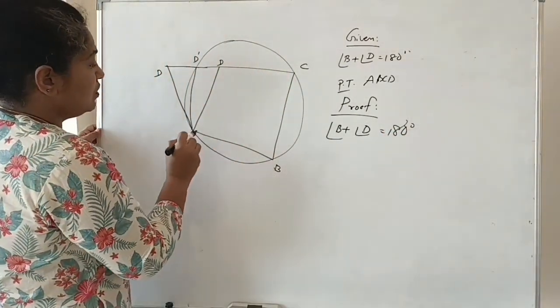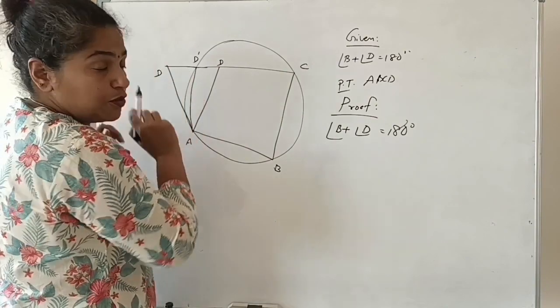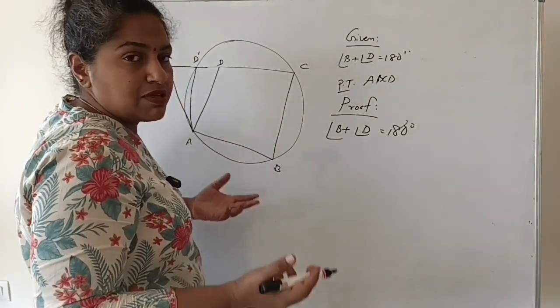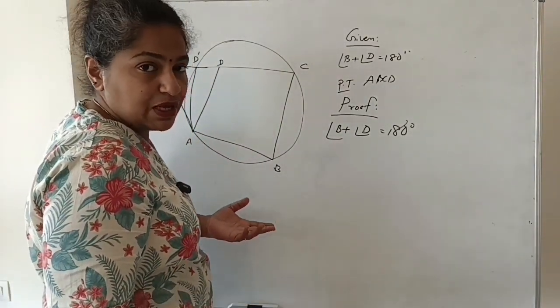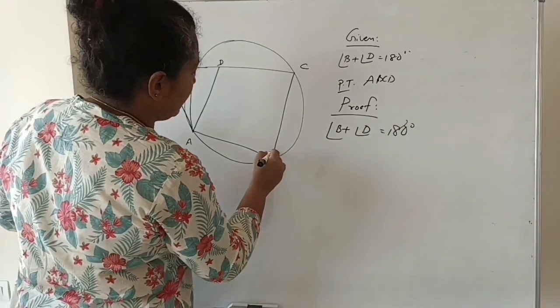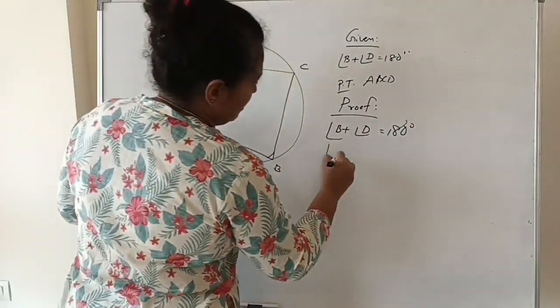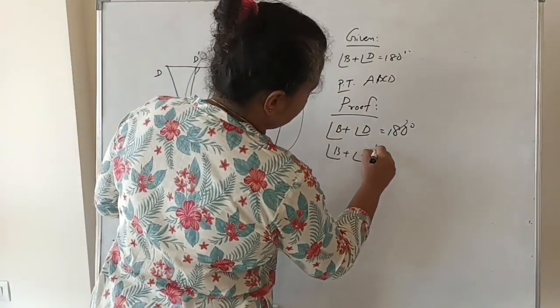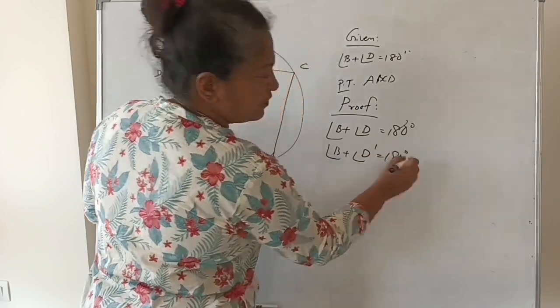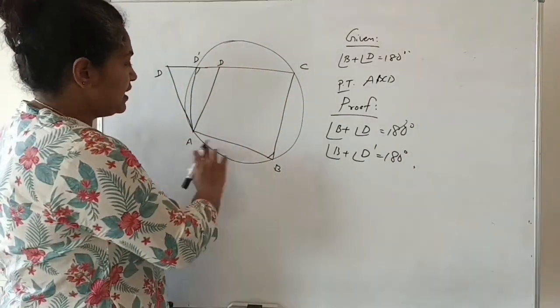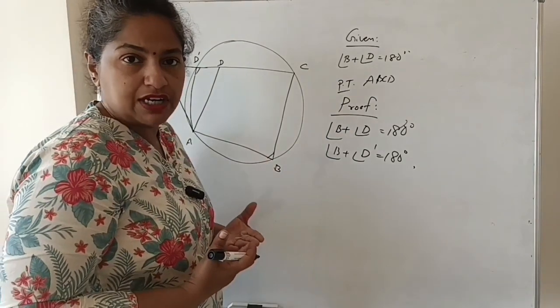Okay. Now because D dash is a point which is lying on the circle, ABC D dash becomes a cyclic quadrilateral. So angle B plus angle D dash is equal to 180 degrees, because ABC D dash becomes a cyclic quadrilateral.